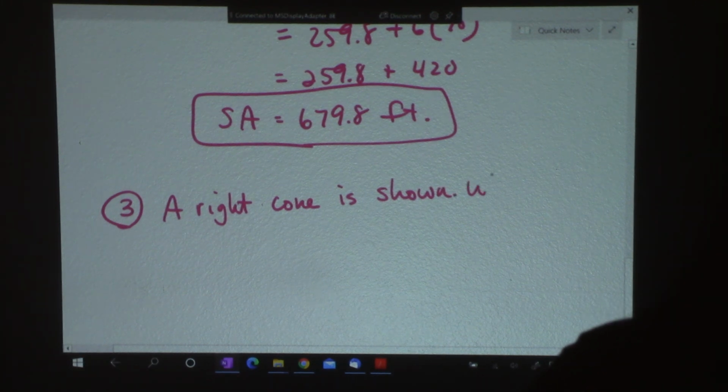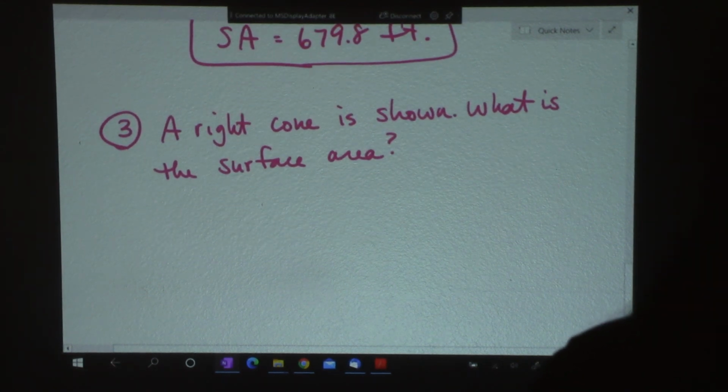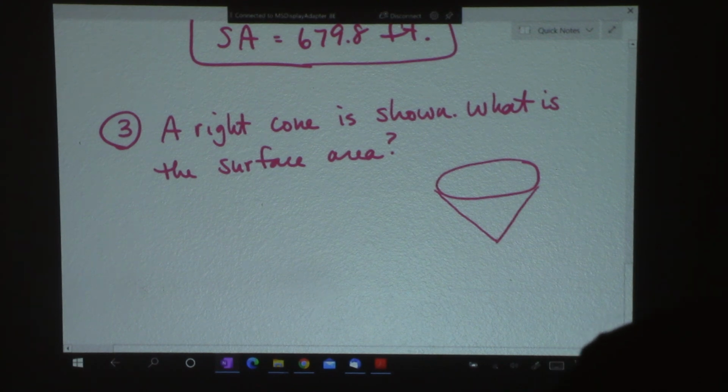What is the surface area? All right, and here's my picture. Now remember, the 5 is over the radius, and this comes down, and this is 6.